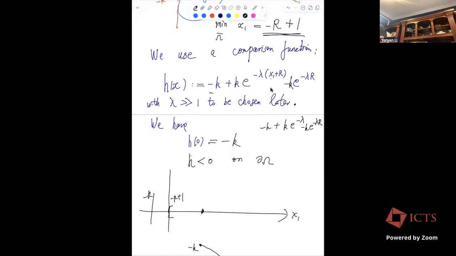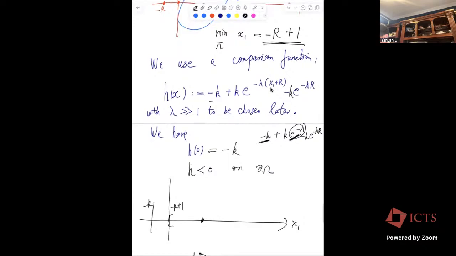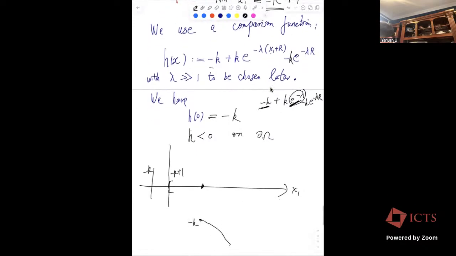This should still be negative because these are quite tiny when lambda is large. The minus k is still taking over because lambda is very large. So everything is negative, and this is true.